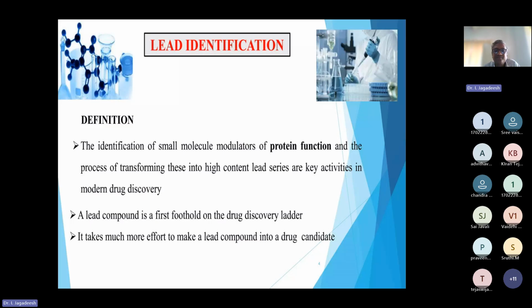We need to have a multifunctional team with computer specialists, pharmacists, chemistry persons, and a math component also. Statisticians are there, and we are going to have artificial intelligence interventions and machine learning algorithms. All together, we are going to have a smooth journey to get a new drug into the market.